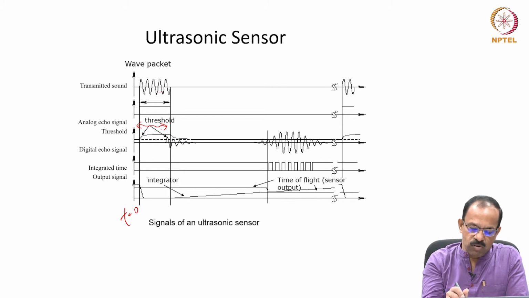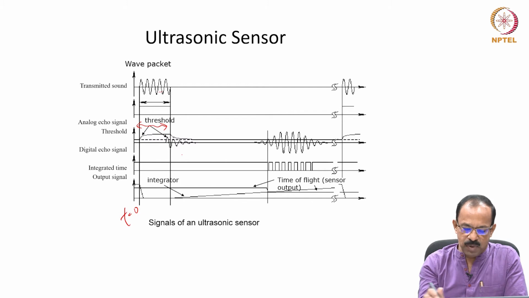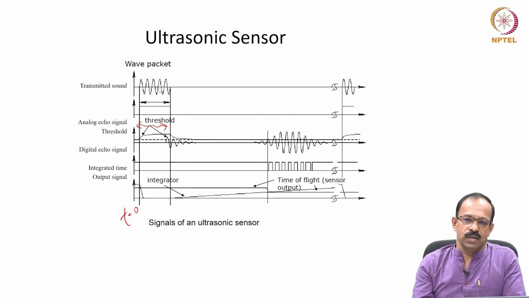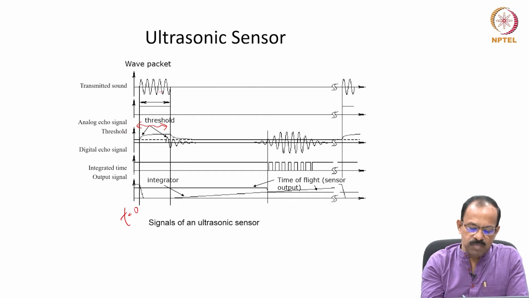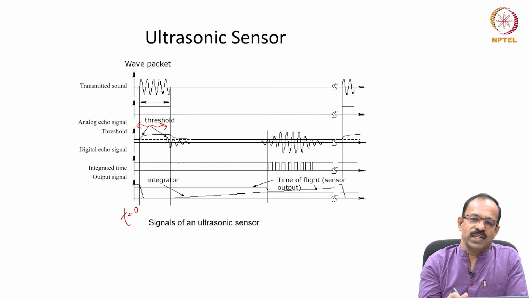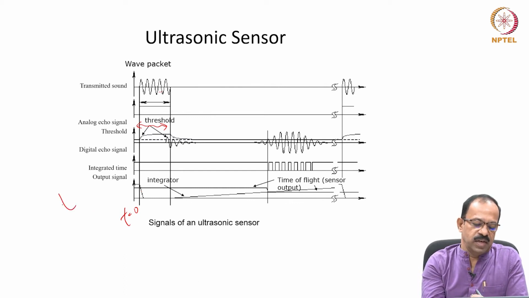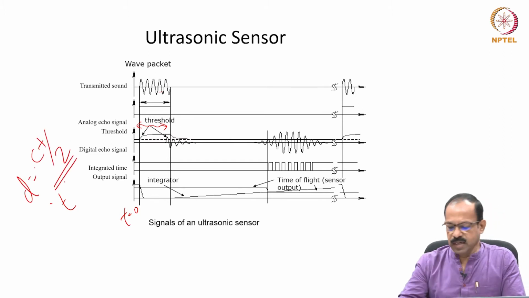So, initially a threshold will be set, and after that threshold, if anything comes back, that signal will be received and the time will be calculated, because we will also be setting up a time signal, and the time will be integrated. The moment the receiver gets the signal, that time will be measured and taken as the t, and then you use c t by 2 as the distance d. So, that is basically how you get it.